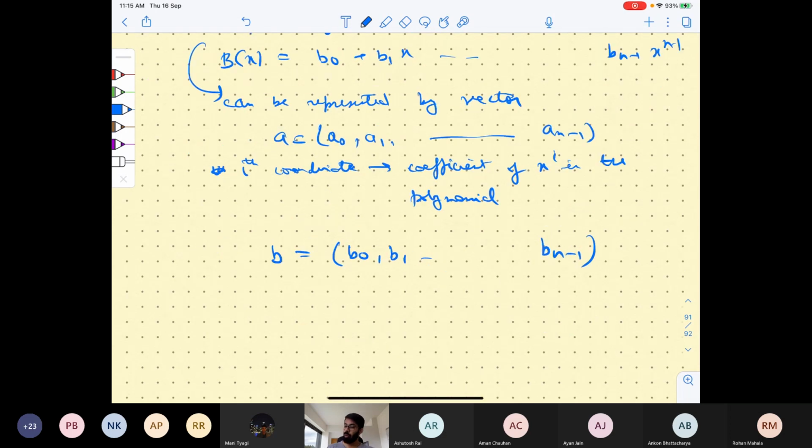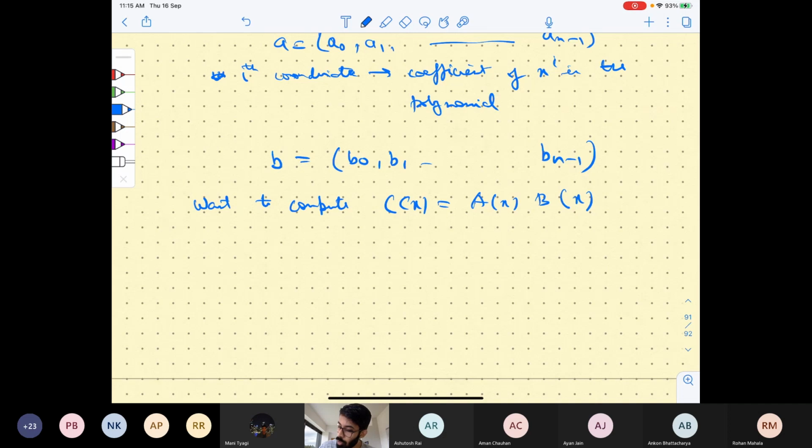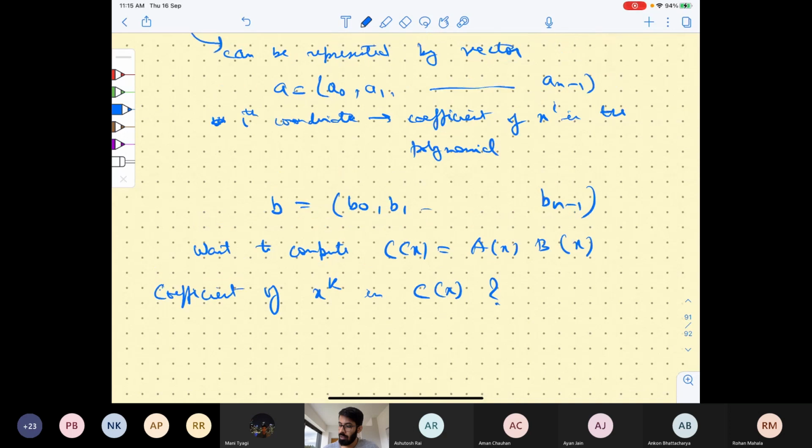Right? And suppose now we want to compute C(x) equal to A(x) times B(x). So what is going to be the coefficient of, let's say, x to the k in C(x)? Can someone tell? The kth element in the convolution.